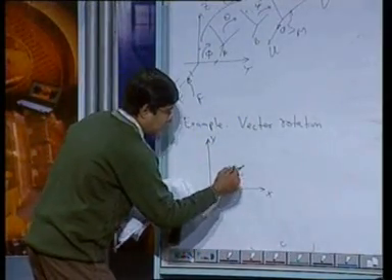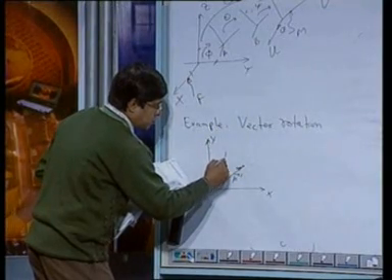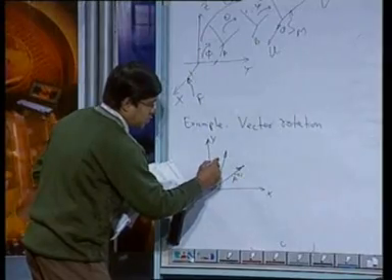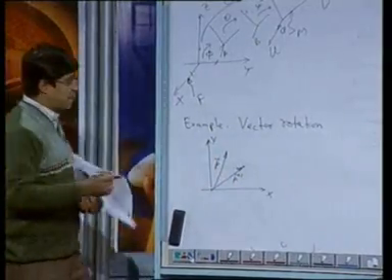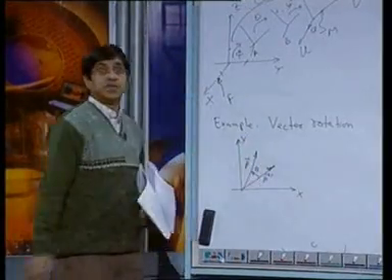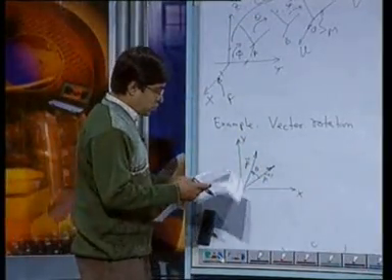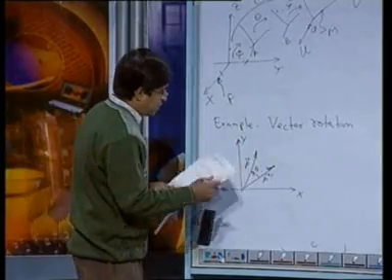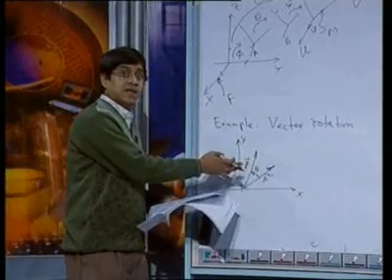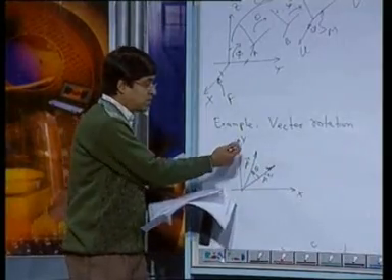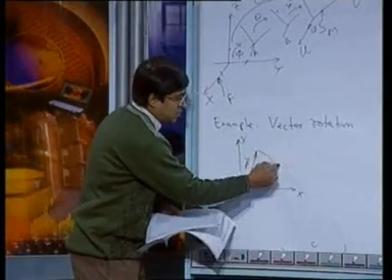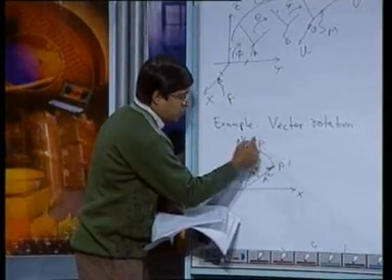It moves to a new position, which we say is vector p, through a rotation theta. What we have done is rotate vector p prime by an angle theta about the z axis to get to the new position p. So, this is point p prime to point p.